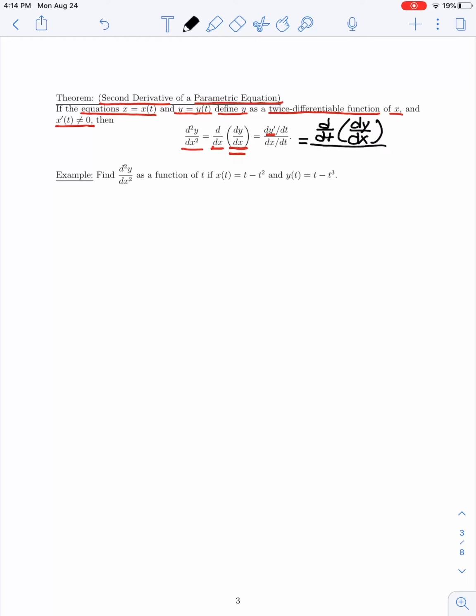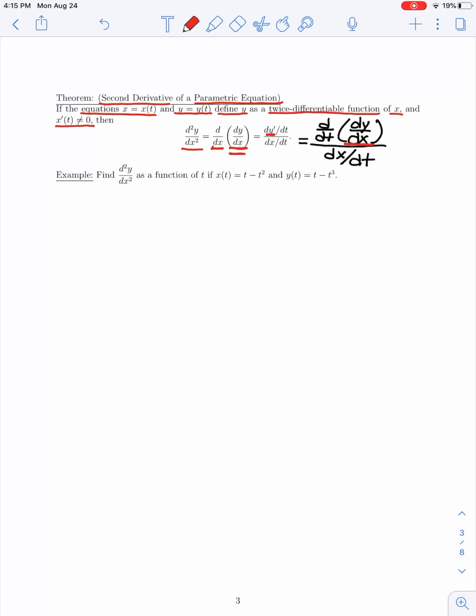And then we're dividing by the derivative of x with respect to t. So this is the exact same formula that we had for the first derivative, but we're replacing y by the derivative of y with respect to x in order to get that second derivative.